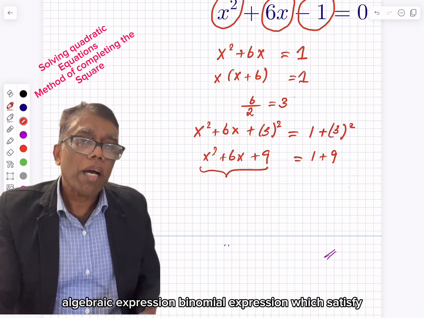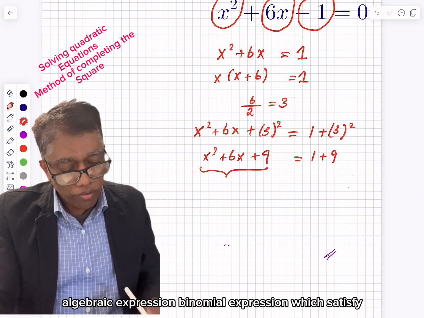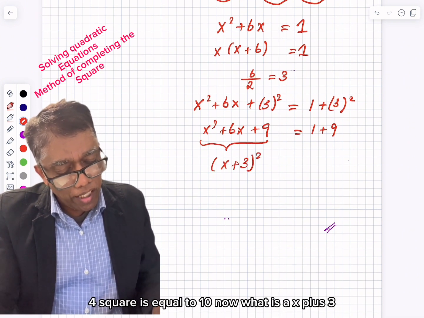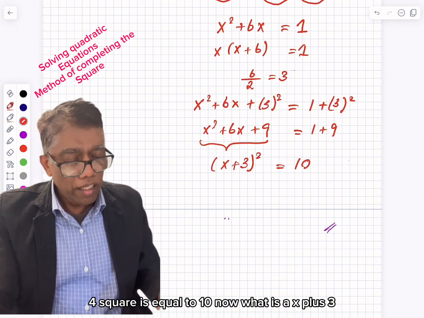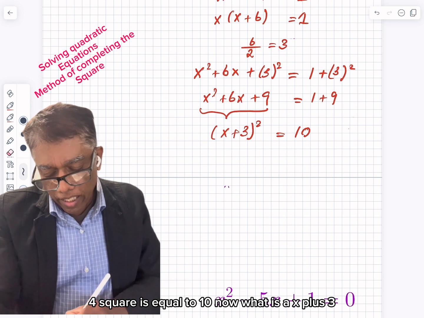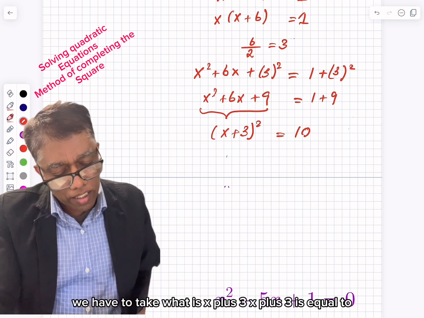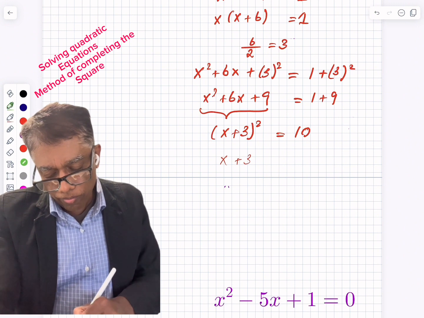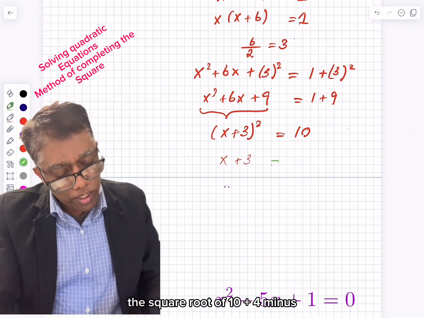We know that x plus 3 whole square is equal to 10. Now, what is x plus 3? x plus 3 is equal to plus or minus the square root of 10.